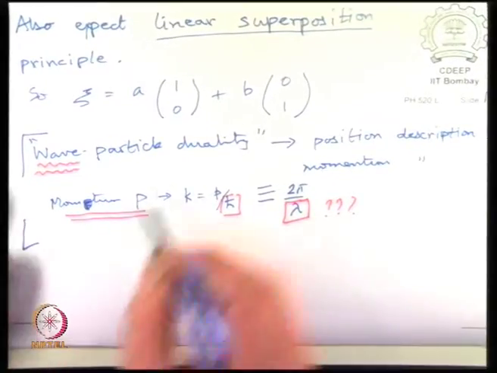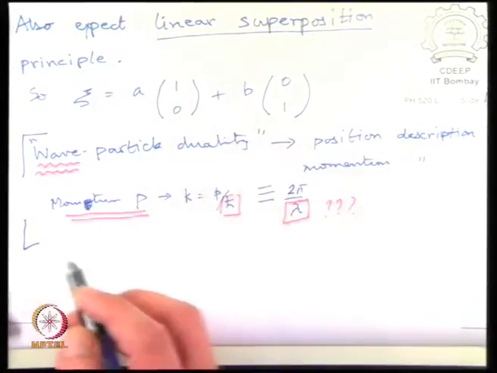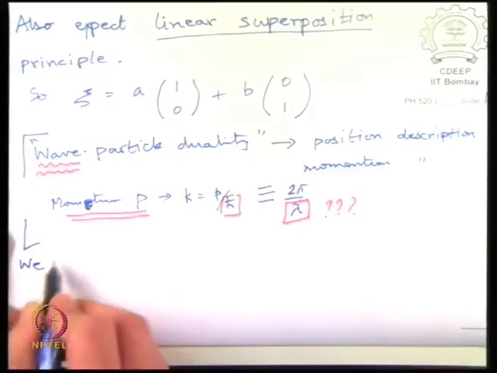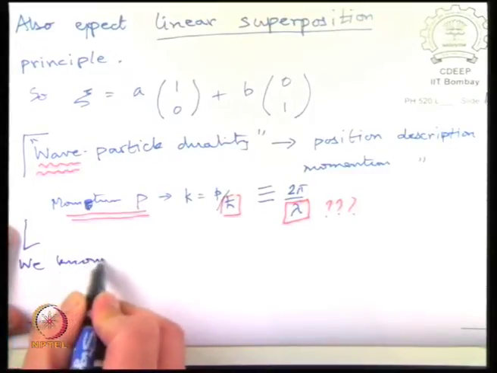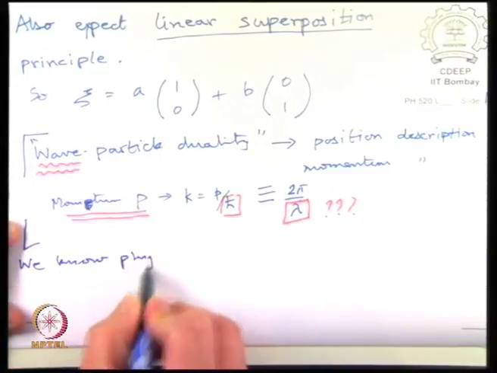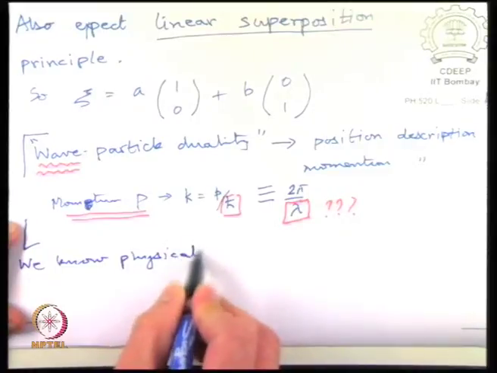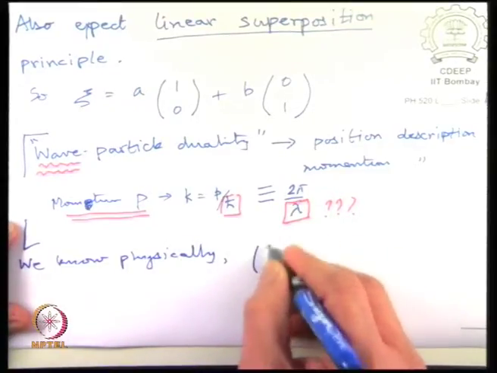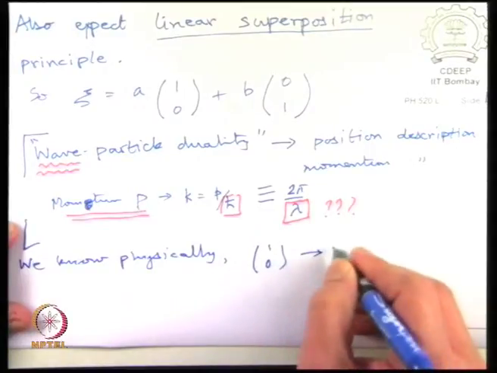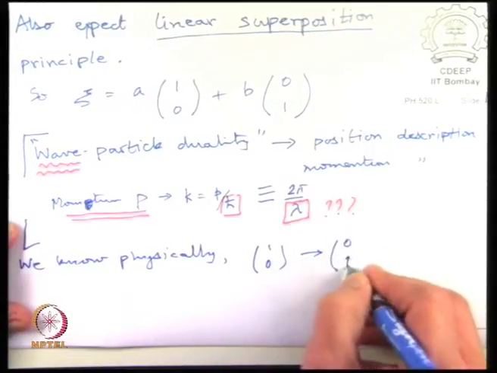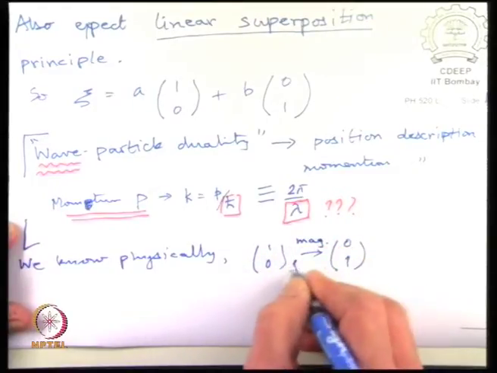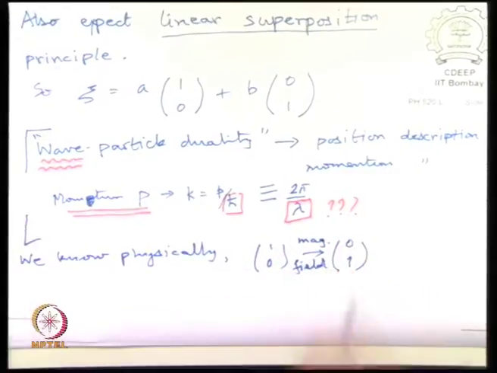We can always go from up to down states, right? Physically, up can go to down by application of a magnetic field. If you apply a magnetic field, you can flip the spin.